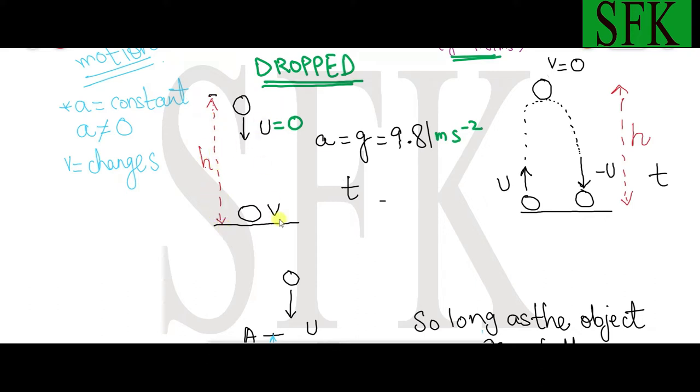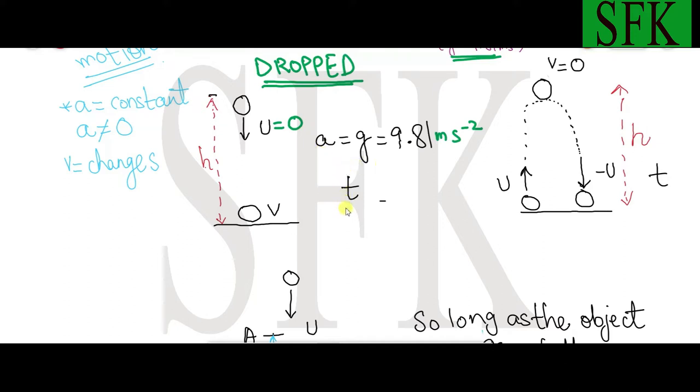All these values that we've just measured: acceleration of free fall is known, time is measured, height is also measured, initial velocity is known, and the final velocity can be calculated from the equations of motion that we discussed in the previous videos.